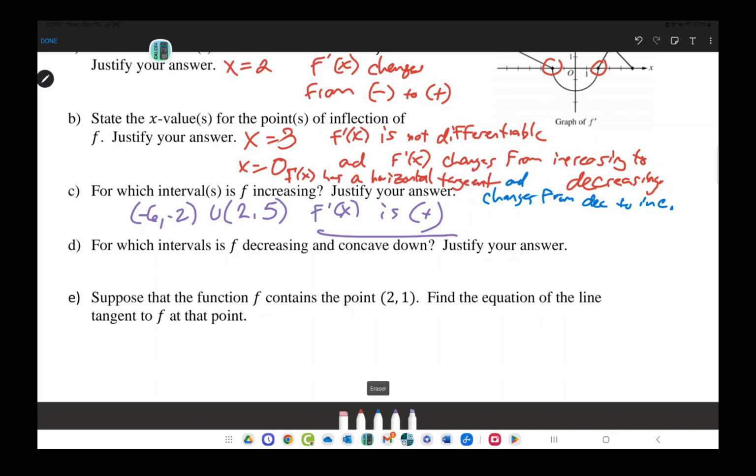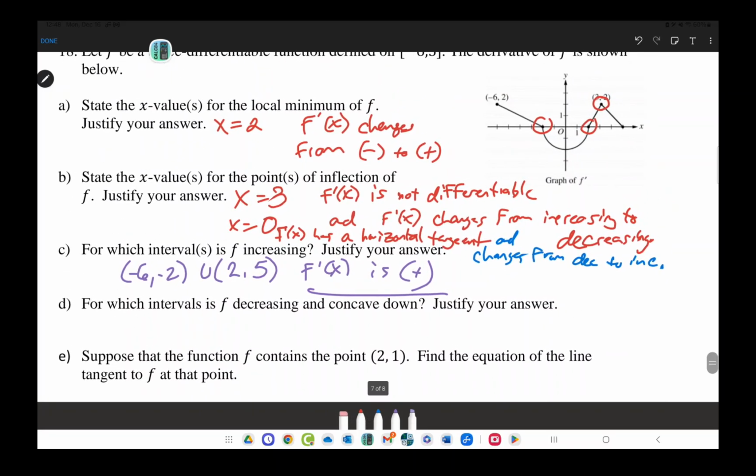Now, in order to be decreasing and concave down, that means for decreasing, where is f prime of x negative? Okay. And that's where? Negative 2. Now, concave down also means where is f prime of x decreasing. So not only where is f prime of x negative, where is it decreasing?